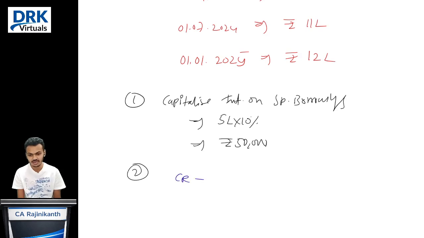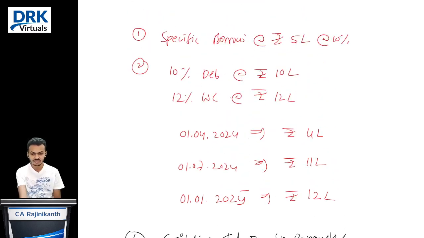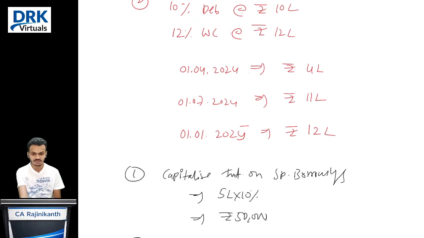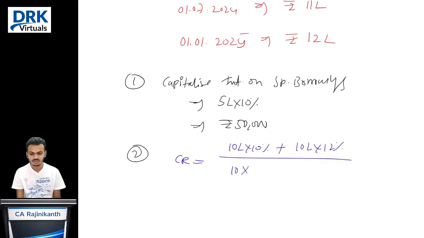So calculate that capitalization rate, which equals how much? 10% of 10 lakh, 12% of 10 lakh, divided by, assuming here also these borrowings are outstanding for the entire financial year.